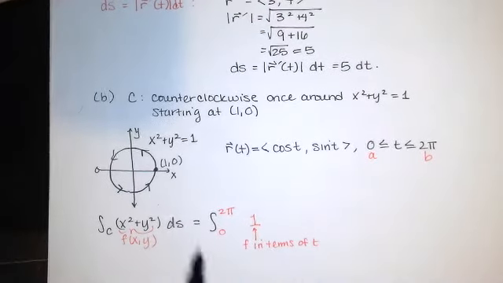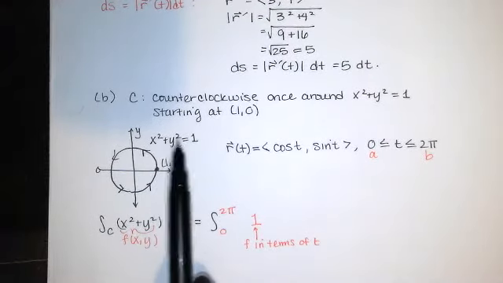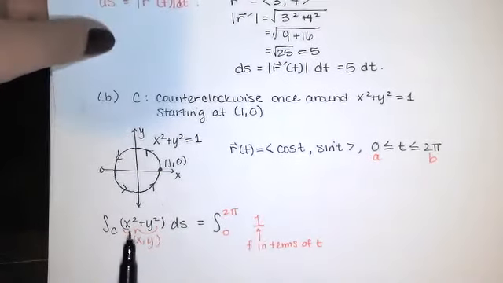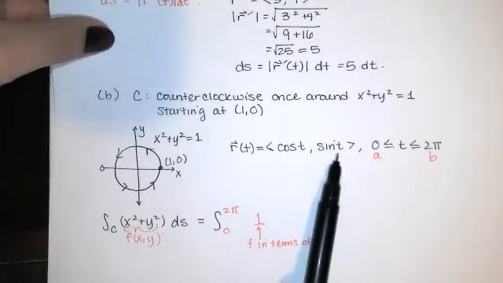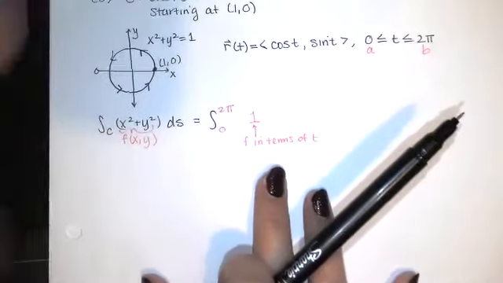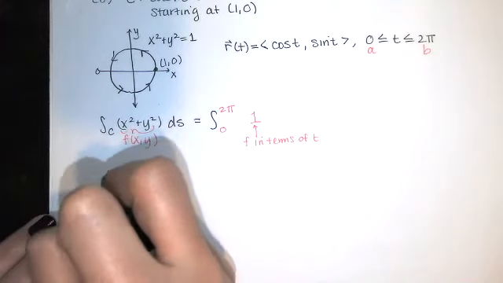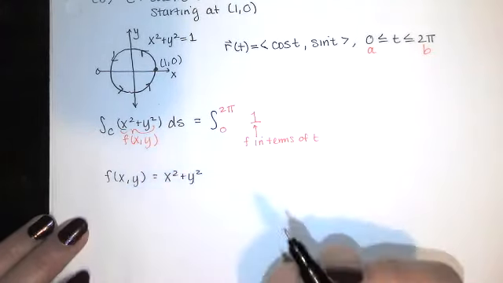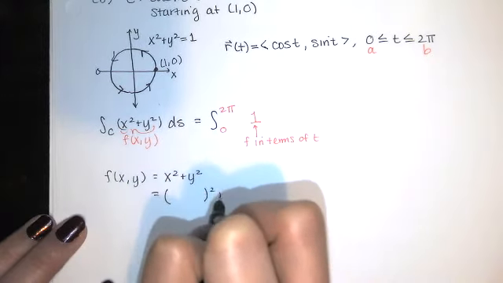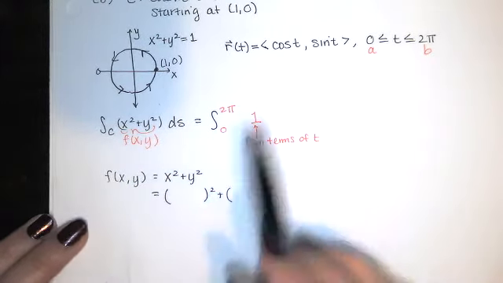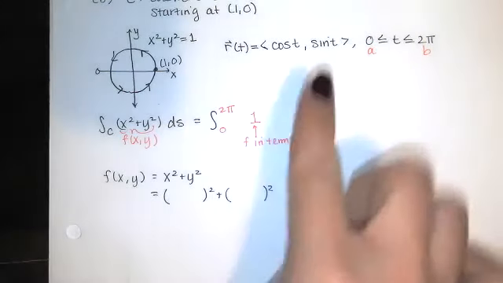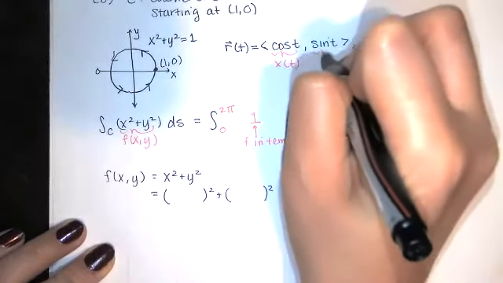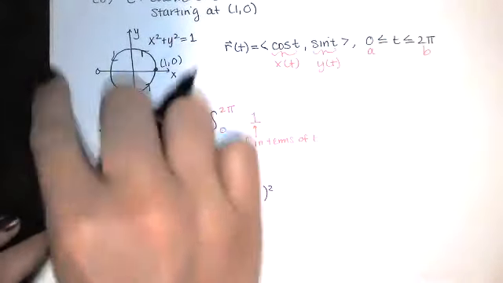Now, if you're not completely comfortable using this equation, x squared plus y squared equals 1, to replace x squared plus y squared with 1, let me show you how we would find that using these parametric equations of the curve. If I'm trying to write f of x y, which is x squared plus y squared, in terms of t, I replace x with whatever parametric equation I have for x over here, and I replace y with whatever parametric equation I have for y over here to describe that path.